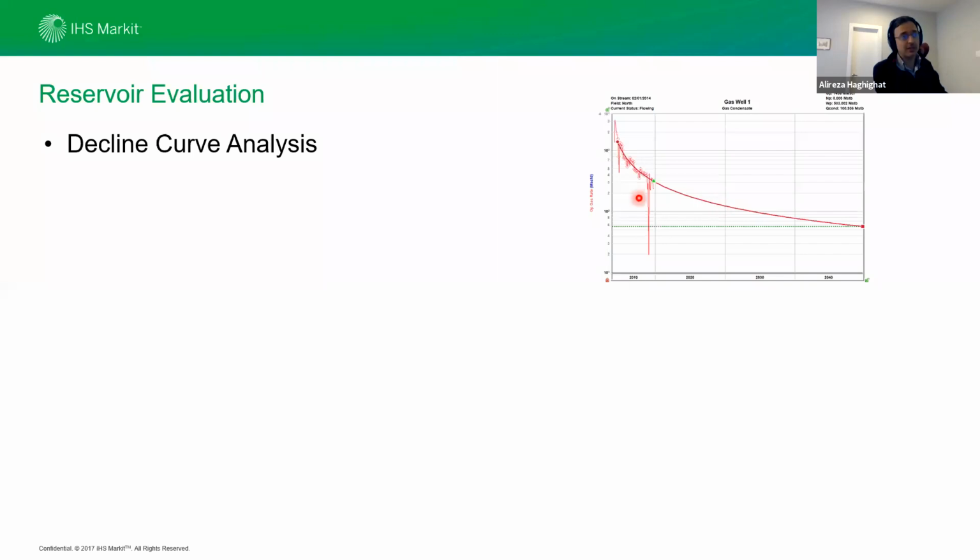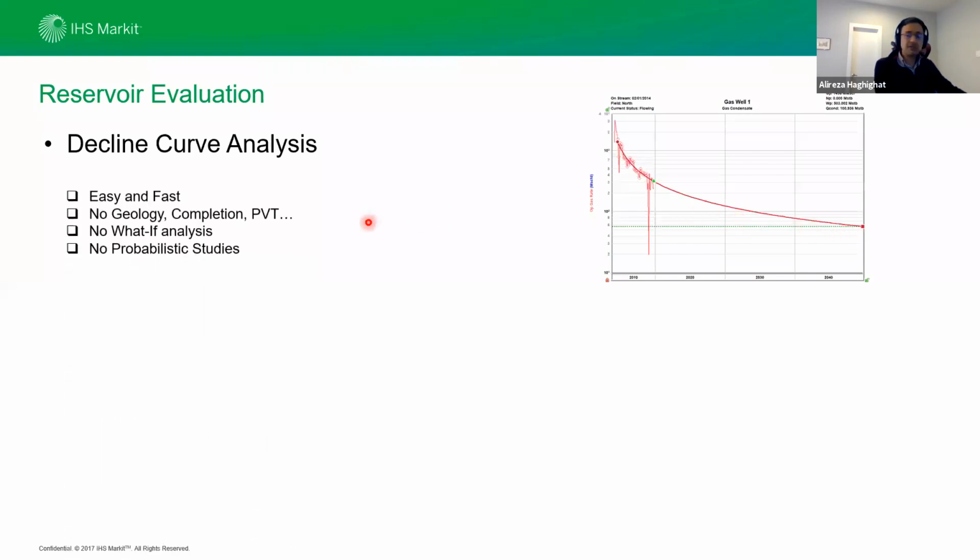How can they do that? With decline curve analysis. And decline curve analysis is very easy. You just need to have your production data versus time. You fit a curve, and when you are happy with the curve, you extrapolate that and you forecast the performance of the well in the future. So decline curve analysis is very easy, as you can see, and it's very fast.